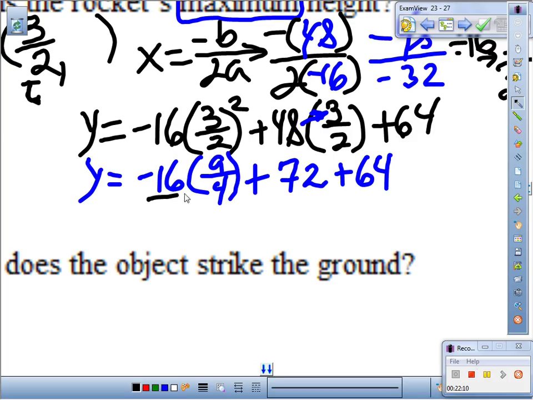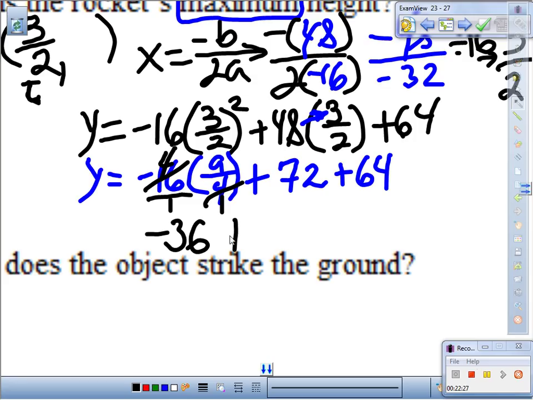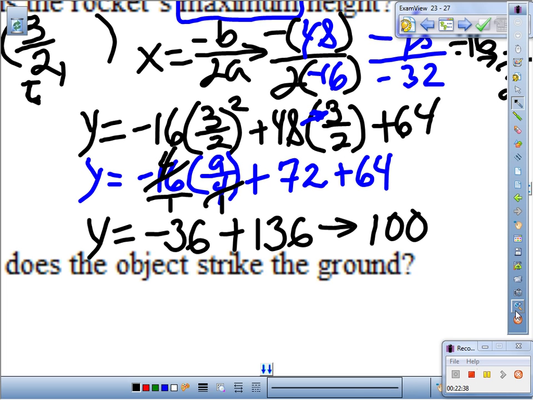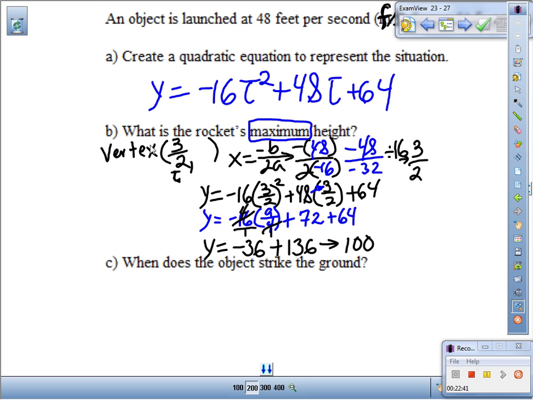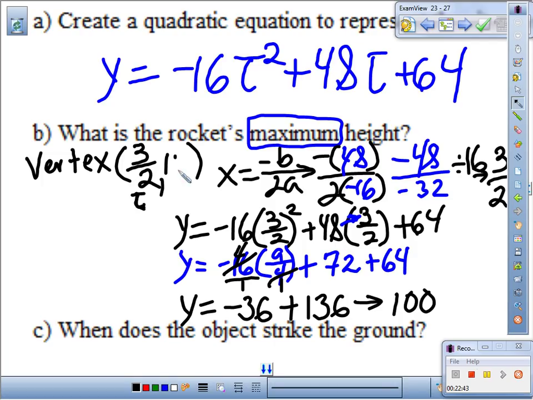We got negative 16 over 1 times 9 over 4. Can I cross simplify this one? Yeah. Divide these 2 by 4, so we're left with negative 4 and 1. So what is negative 4 times 9? Negative 36. Plus, what is 72 plus 64? 136. Therefore, this is what? 100. So here it's 100.